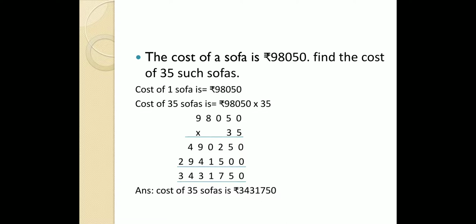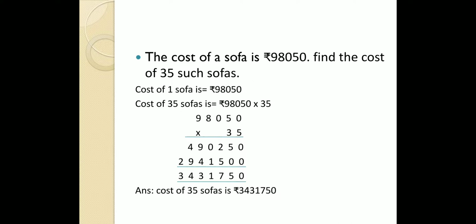Again see the question. The cost of a sofa is rupees 98,050. Find the cost of 35 such sofas. As I have said earlier, the cost of one is given, you have to find many. So here also you will multiply. Okay, multiplication I think is clear to you all. Just multiply and get your answer. And please children, try to write the correct statement.